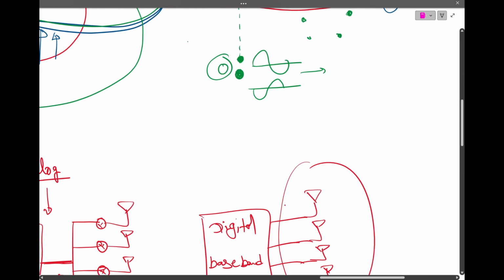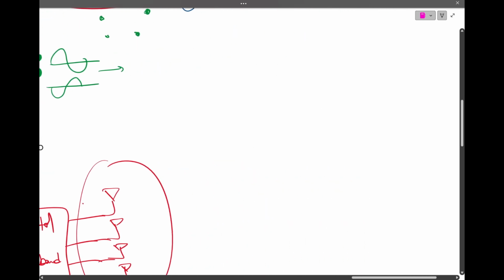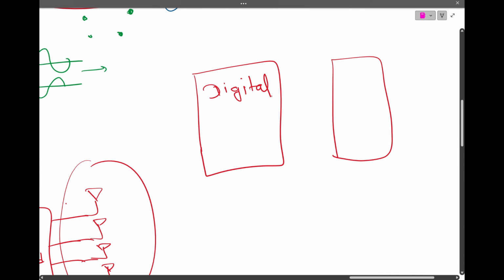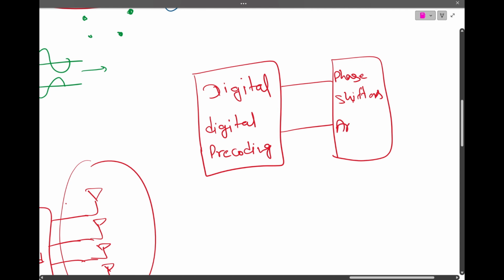So what is hybrid beamforming? In hybrid beamforming we have both digital and analog, say phase shifters. Or you can also call it digital precoding or beamforming and analog precoding.